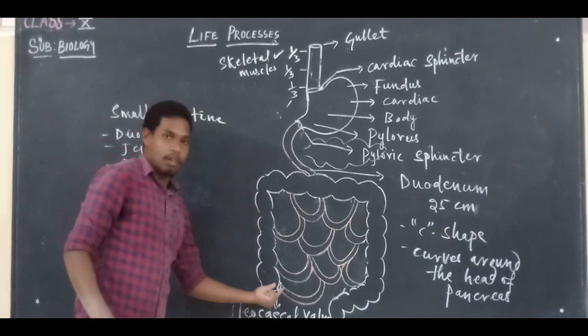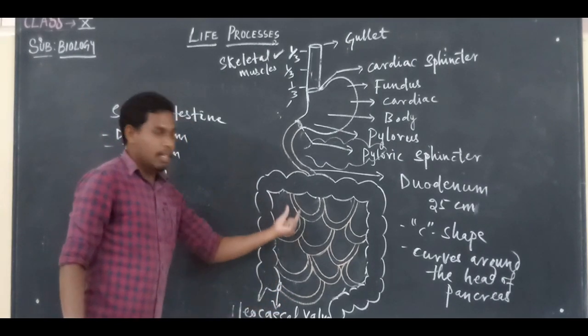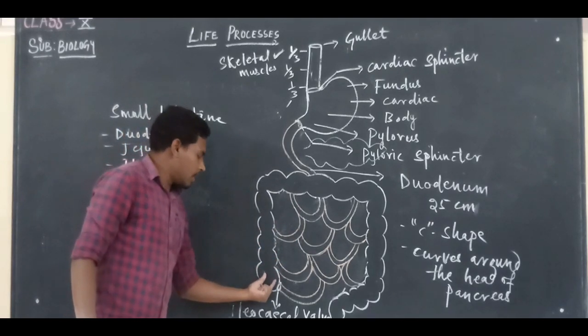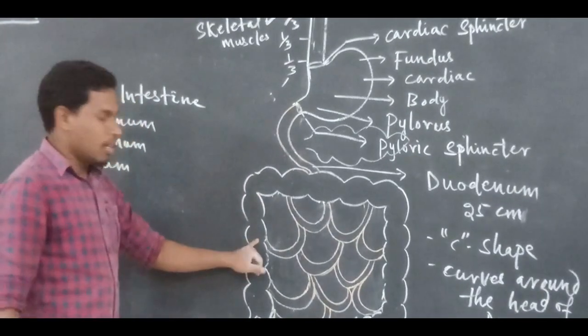The small intestine opens into the large intestine, and this part is the cecum. So the large intestine starts with the cecum. As it moves up, we call it the ascending colon.